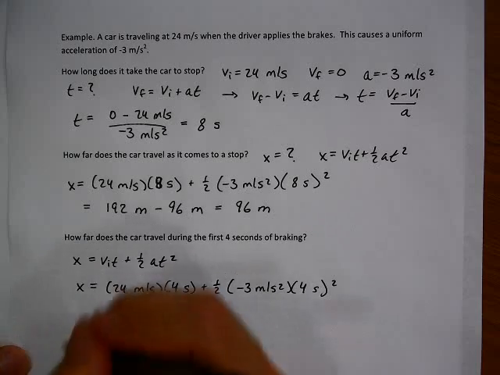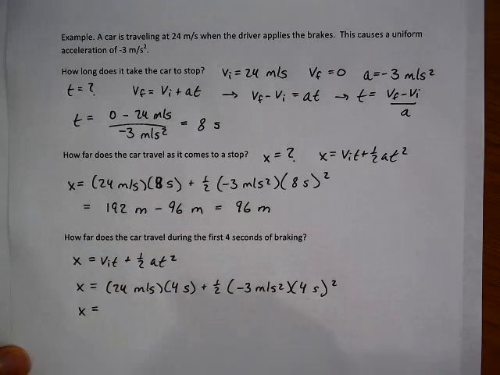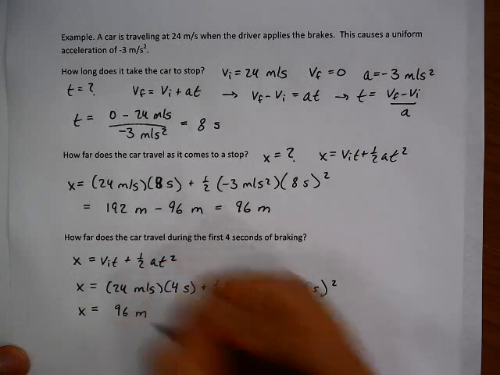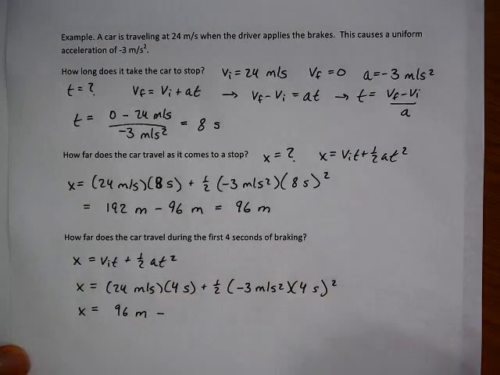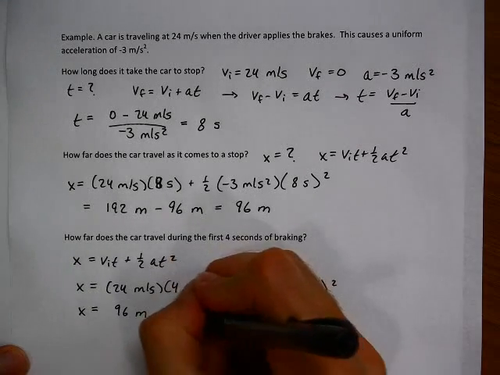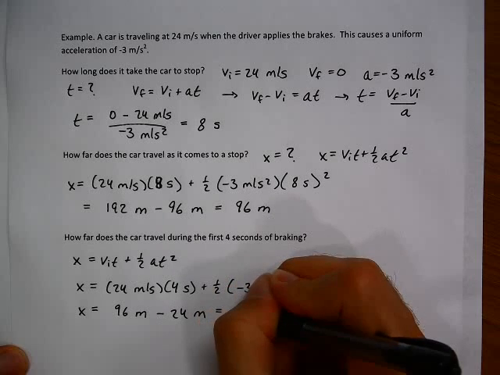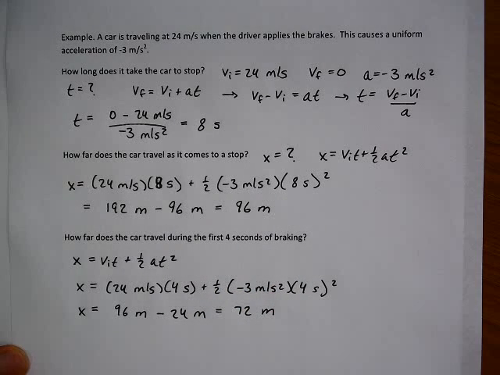This simplifies to 96 meters minus 24 meters, which is 72 meters. The car travels 72 meters in the first 4 seconds and an additional 24 meters in the last 4 seconds.